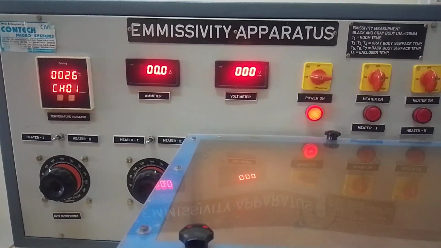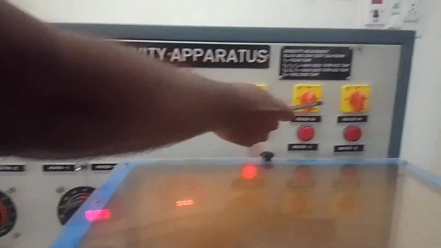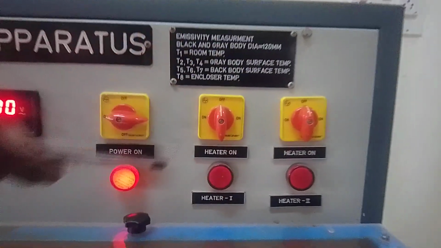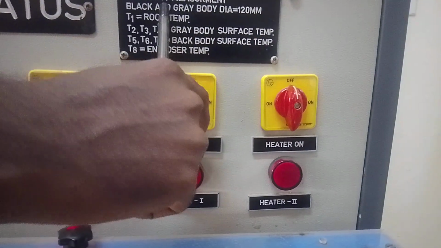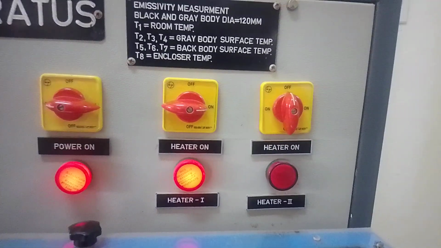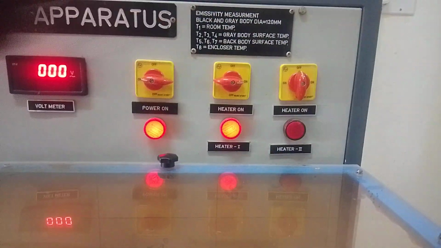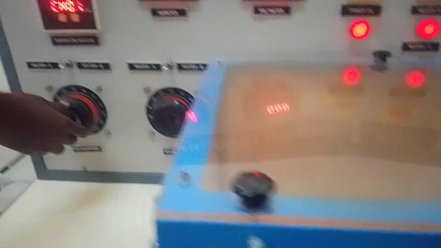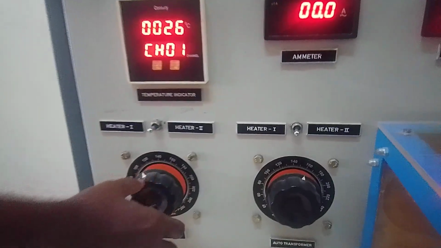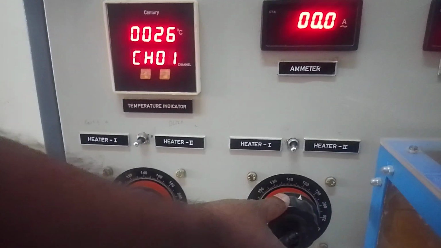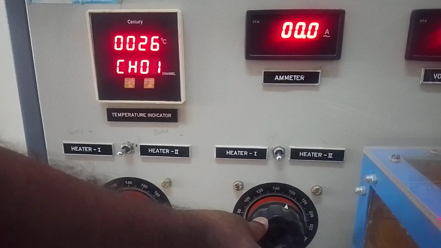We have two heaters, heater 1 knob and heater 2 knob. When you switch on heater 1, the heat is supplied to the grey body. When you switch on heater 2, the heat is supplied to the black body. For heater 1, that is for the grey body, we have a regulator here, and for heater 2 we have a regulator here.